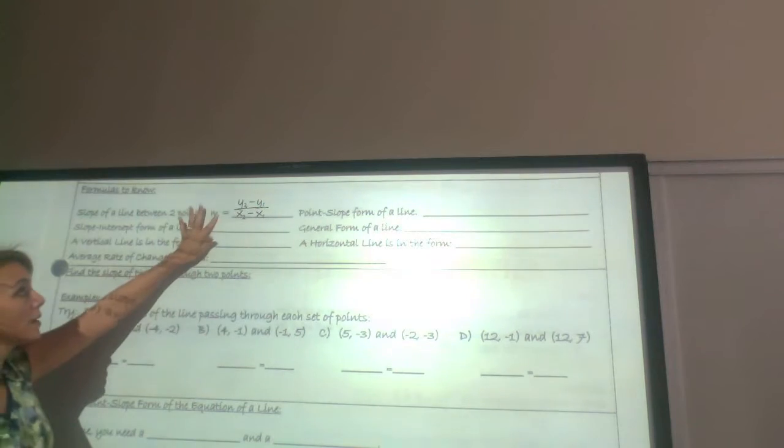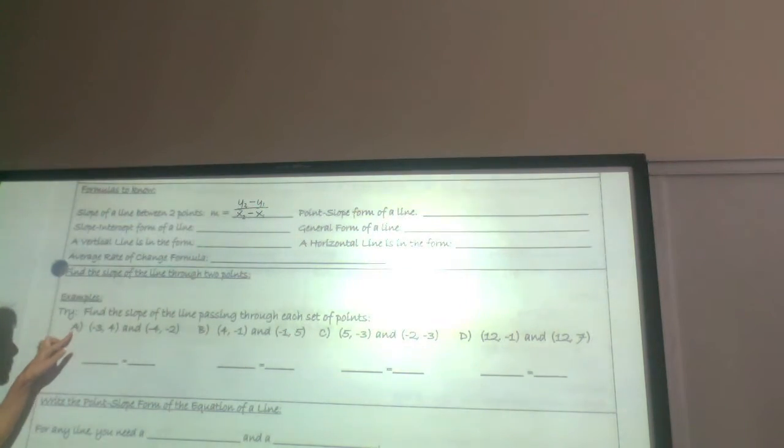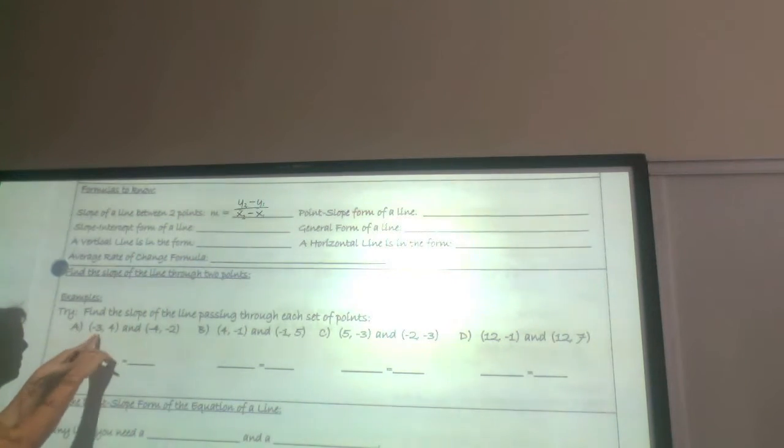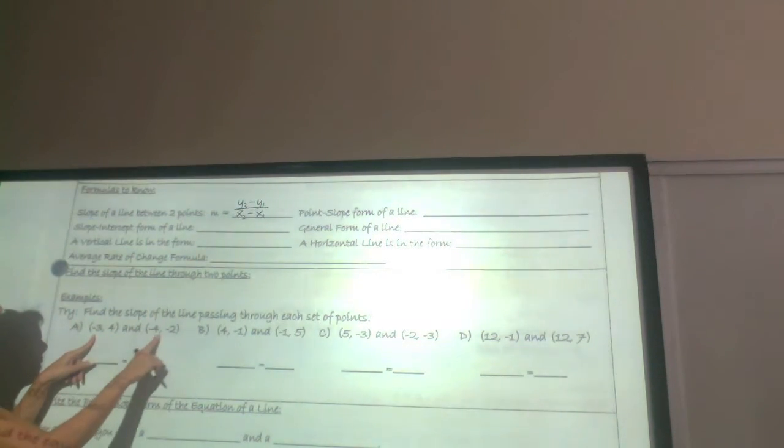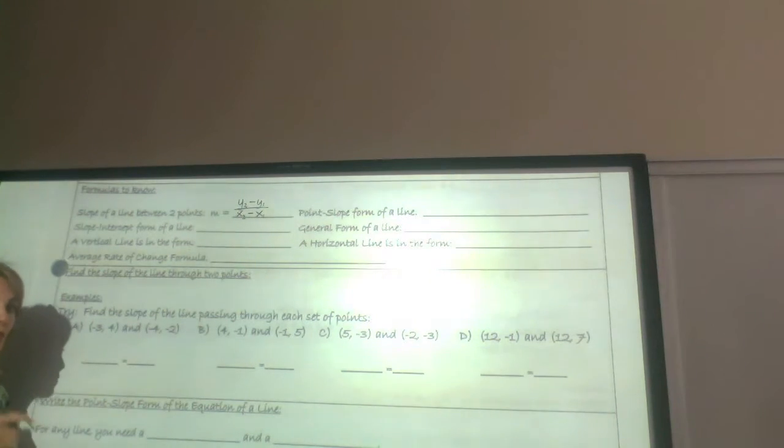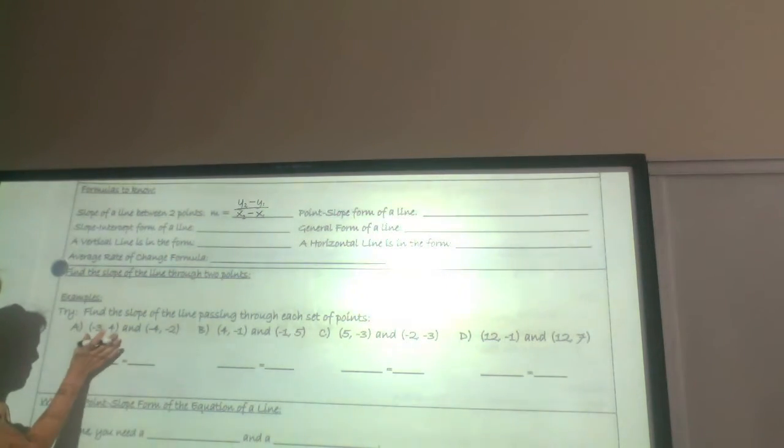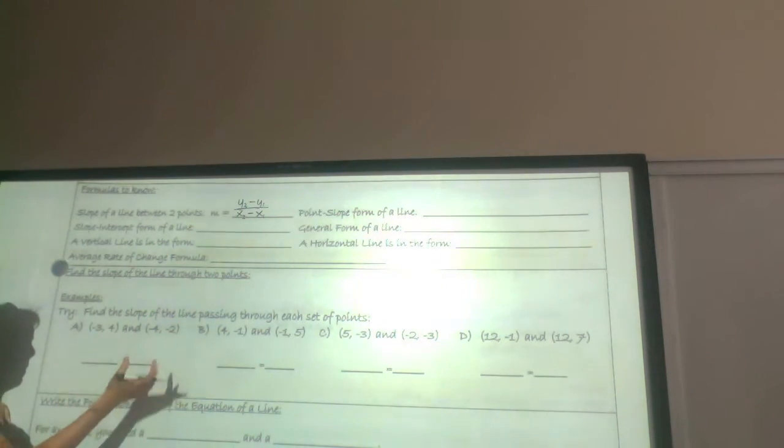So let's go ahead and apply that here. And we'll come back and fill this in later. All right, so I've got 2 points here, -3, 4, and -4, -2. So I want to calculate the slope of the line that passes through those 2 points. I can choose this to be my first point or this. I'm going to choose this to be my first point and this to be my second point.